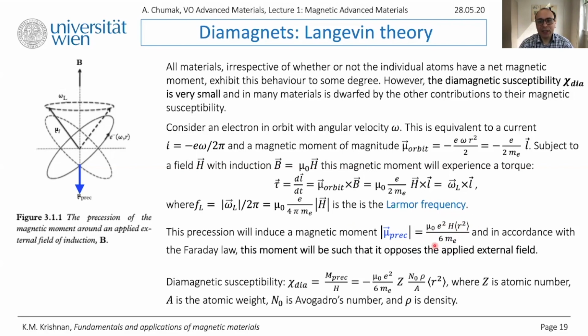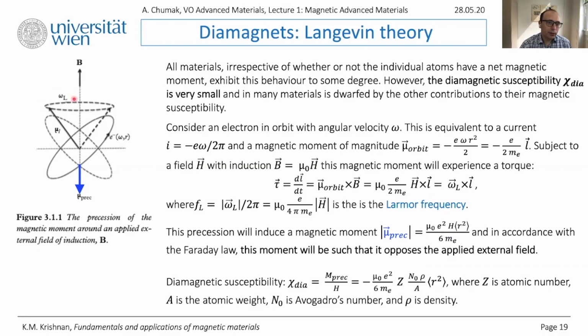And the question is where it points. And here it's easy, because according to Faraday's law, the new magnetic moment which will be created by your atom will point in such a direction as to partially compensate the applied magnetic field.